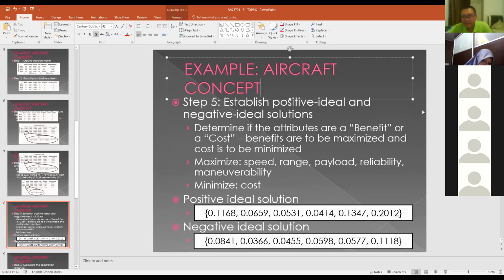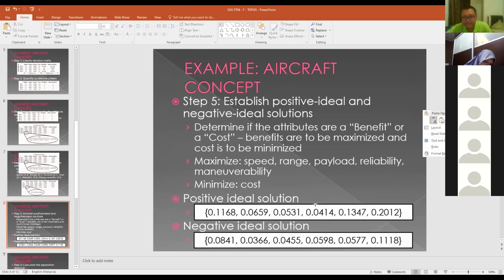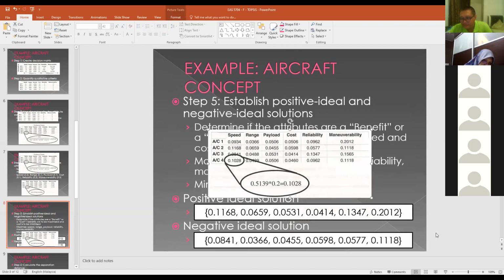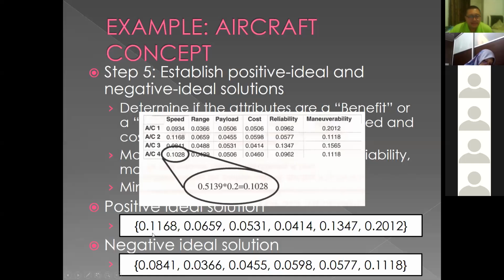The number we got from here. 0.1168 is from here. So if you look at this particular column, you look column by column, or criteria by criteria, because here the highest is 0.1168.